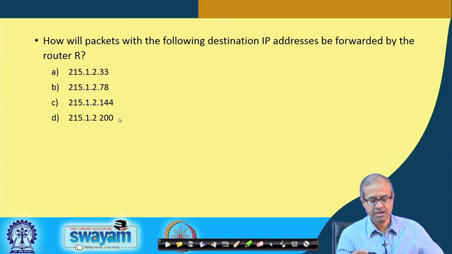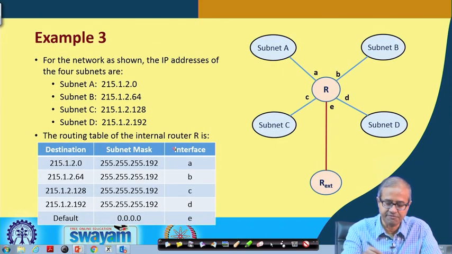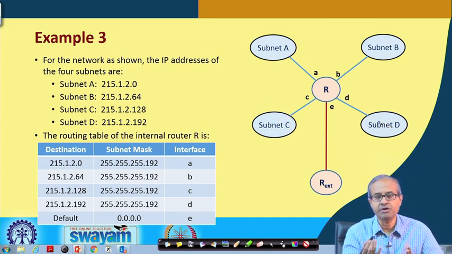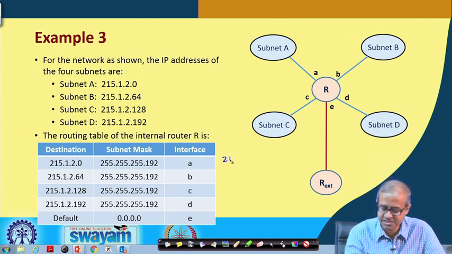Logically speaking, you can identify that the first one will belong to the range of subnetwork A, which I mentioned is 0 to 63, the second one will be in B, the third one will be in C, and the fourth one will be in D. But let us see how, according to this ANDing and comparison, this decision is validated. The first IP address which is coming has the address 215.1.2.33.